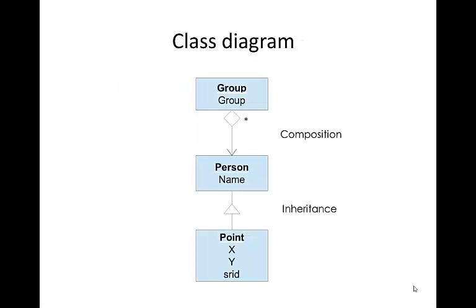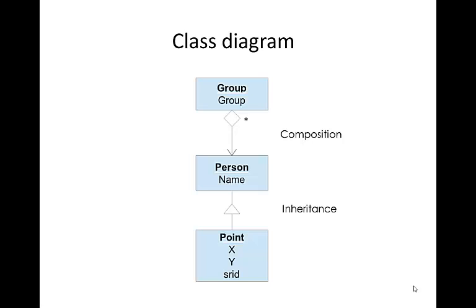This is introducing you to the practical, to give an idea what you do in it. We're creating a little program, a really basic class hierarchy, a number of three classes in a class hierarchy. So we're going to define a point object with three attributes: x, y, and SRD, SRD being the spatial reference identifier, so a geographic example.